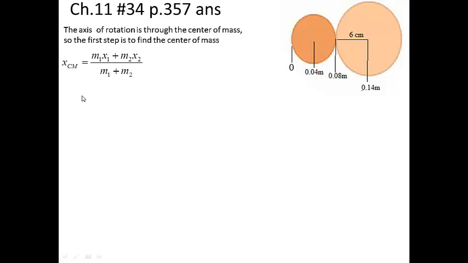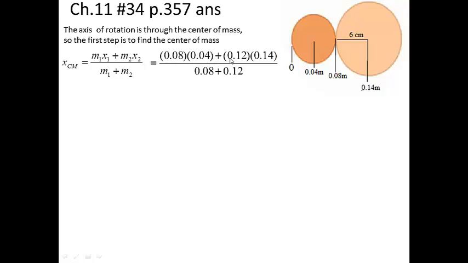So the center of mass is going to be the mass of the first puck times the location of its center of mass, plus the mass of the second puck times the location of its center of mass, divided by the masses added together. So the mass of the first puck is 0.08 kilograms, that would be 80 grams from the previous slide, and the location of its center of mass is 0.04.